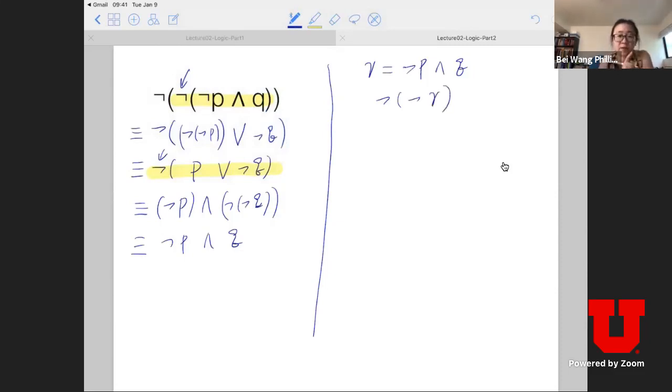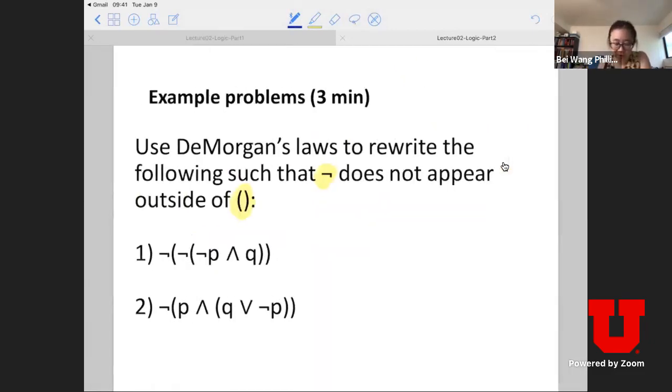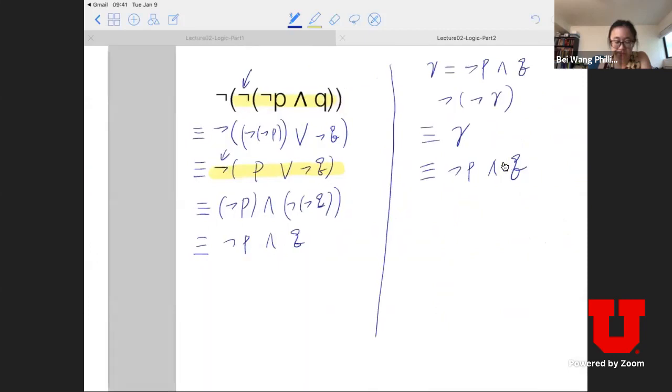If you look at negation of R, it's a double negation. If I'm using double negation, I get the variable itself. So what is the variable? The variable itself is negation P or Q, okay? So those are 2 different ways to actually bring negation inside, okay?